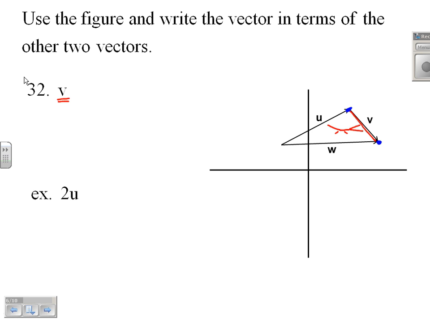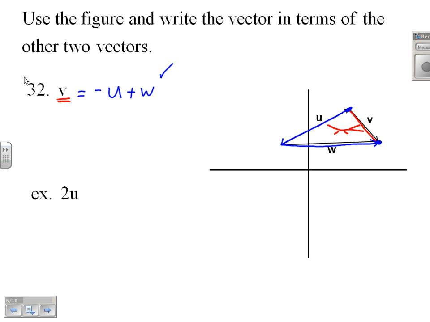So my option, if I start here, I think the most clear option would be I could use the u vector, but I am going backwards, minus u, and then use the w vector forward, plus w. Note, we have an option to this.